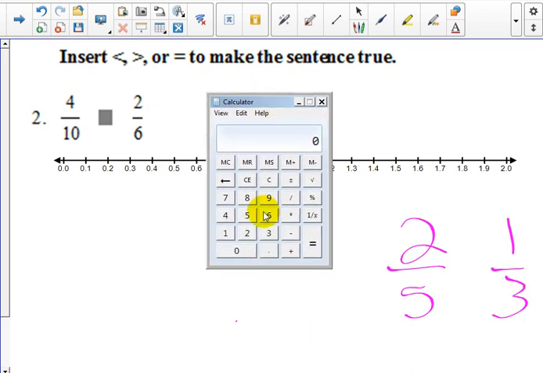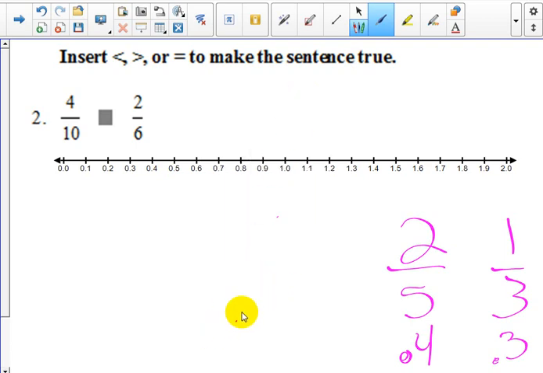So 2 divided by 5, when you plug it into a calculator, 2 divided by 5 is 0.4. And 1/3, well, it's 0.33, repeating. So I'll just do a 0.3. So what is bigger, 0.3 or 0.4?